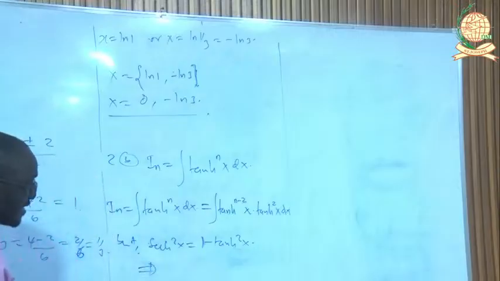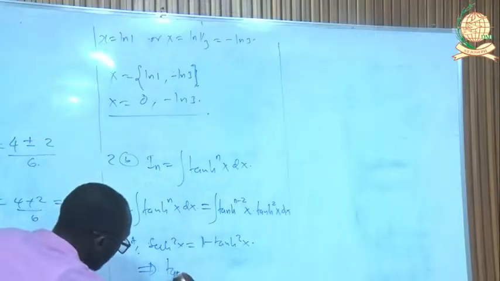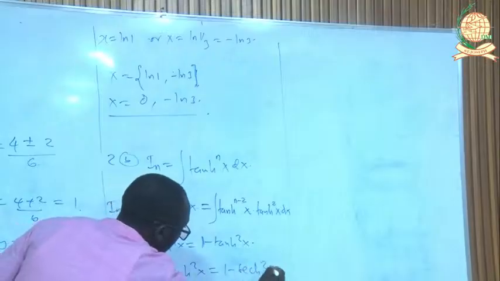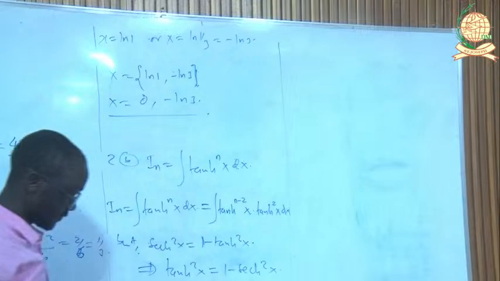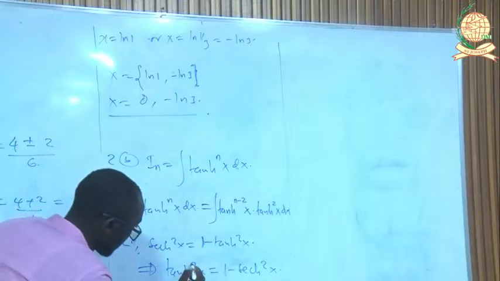It is a common definition in mathematics. So tangent squared x is going to be sec squared x minus 1. So this is the definition of tangent squared x from our integrand there.